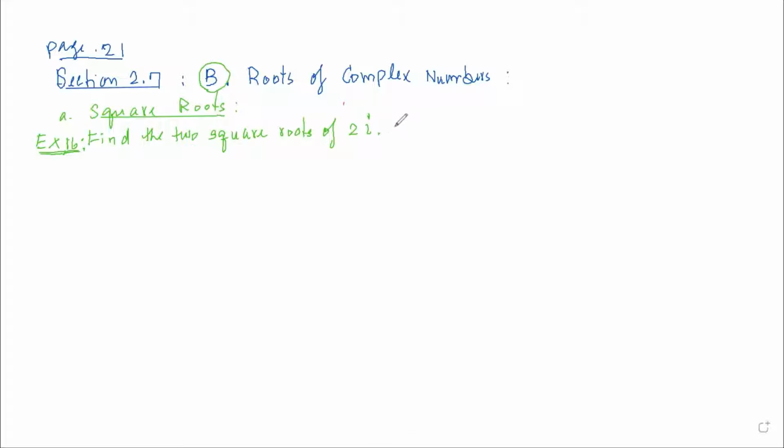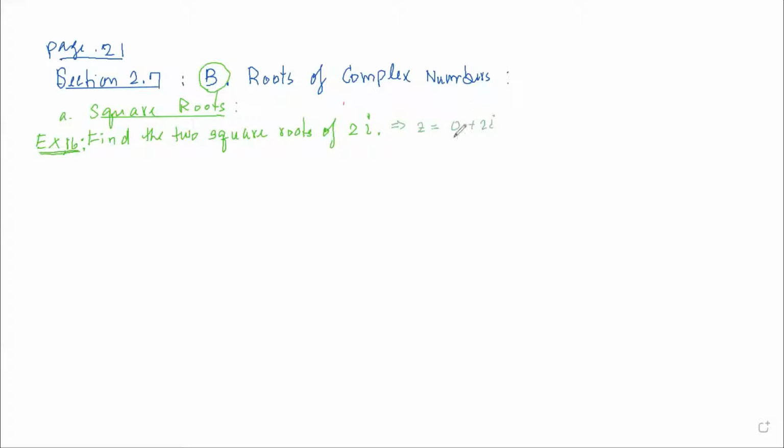Okay, so in 2i, if we rewrite this in the complex pattern, the Cartesian form, then z equals 0 plus 2i, right?